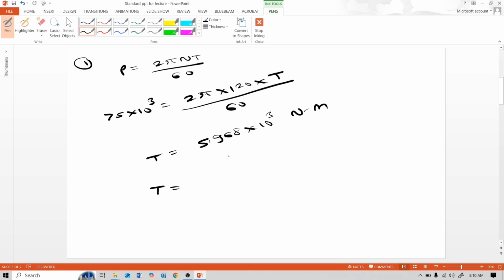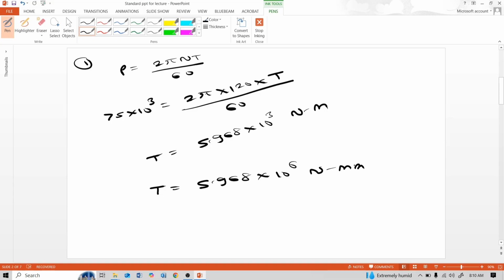Convert this Newton meter into Newton mm by multiplying by 10 raised to 3. So this is the torque.